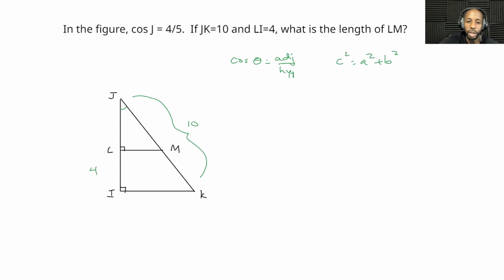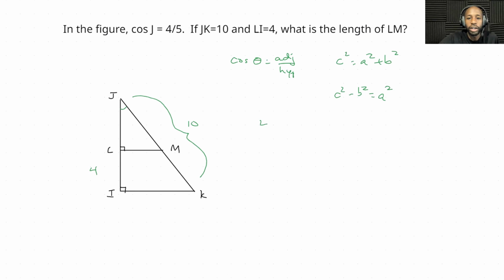So let's say that this is our B side. C squared minus B squared equals A squared. So 4 over 5 means that the ratio of this side to the hypotenuse is going to be 4 over 5.